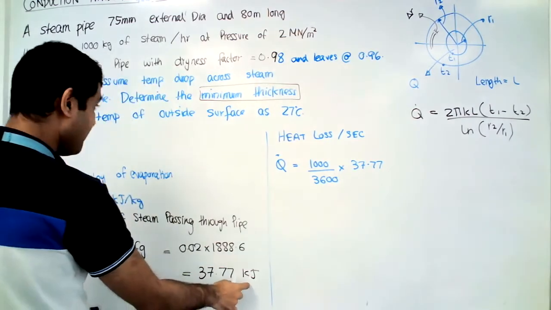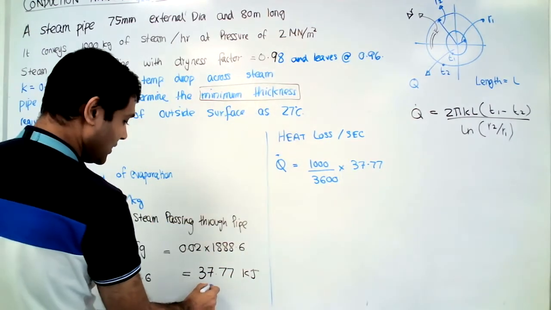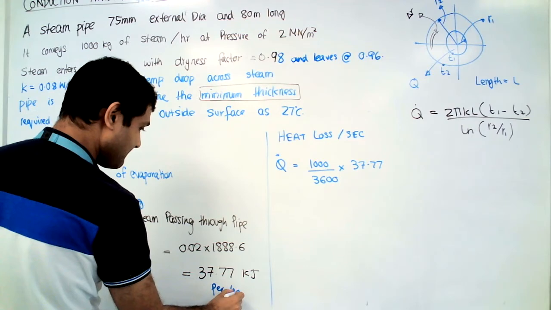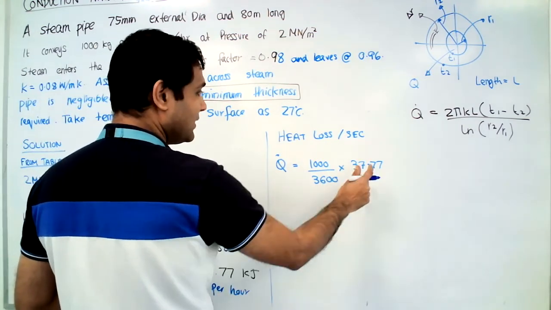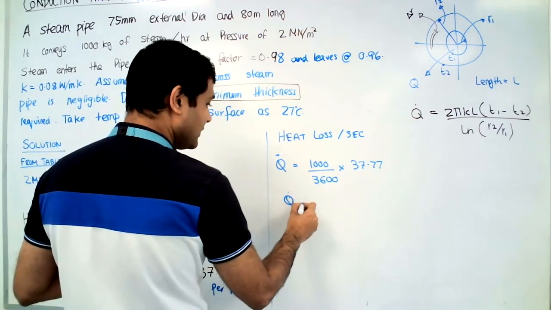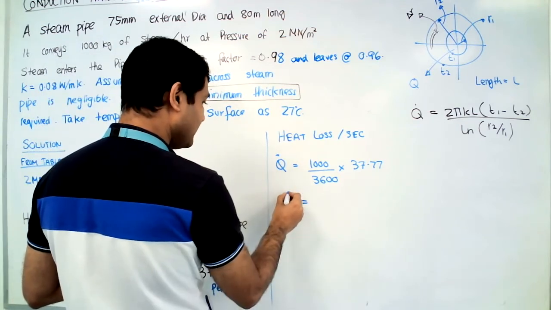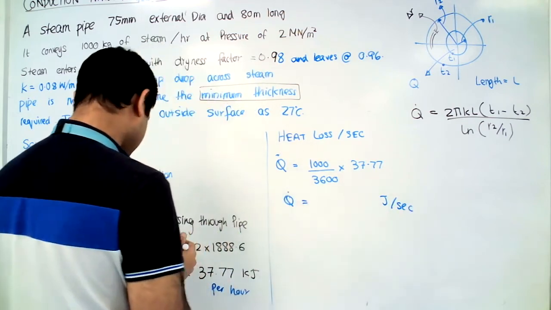This is per hour, because it takes per hour. Now we need per second, so divide that by this. This time, convert kilojoules into joules. So if you put that in, you will get joules per second.